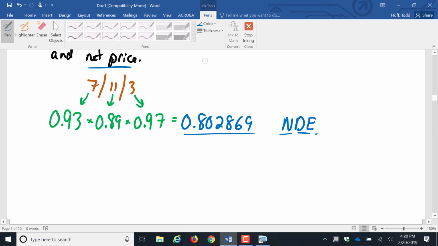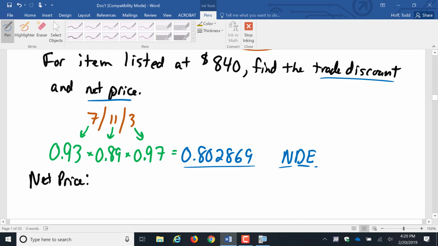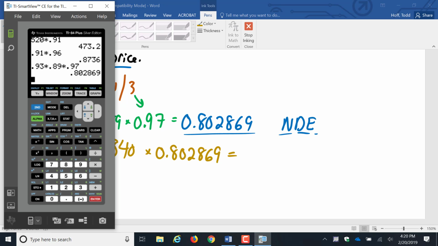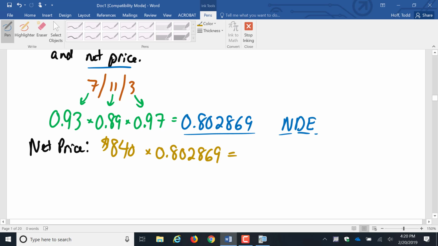So our net price, we're going to take the list price of $840 and we're going to multiply by that net decimal equivalent, 0.802869. So let's take that net decimal equivalent times 840. We're at $674.41.